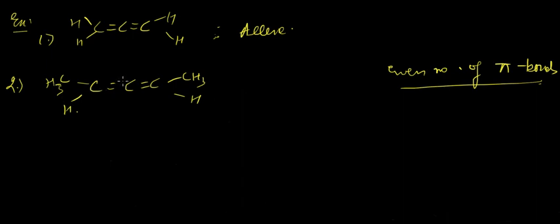Okay. Now as you can see, let's suppose this lies in the horizontal plane, then the double bond between this carbon atom and this carbon atom will lie in a perpendicular plane.